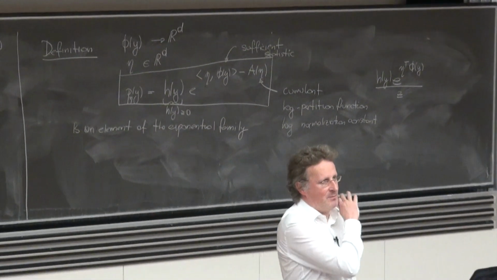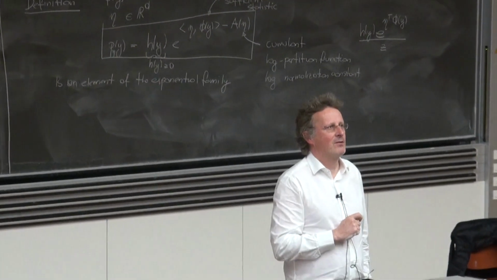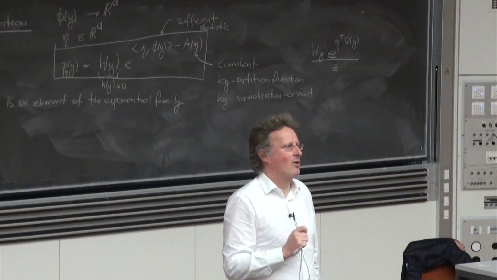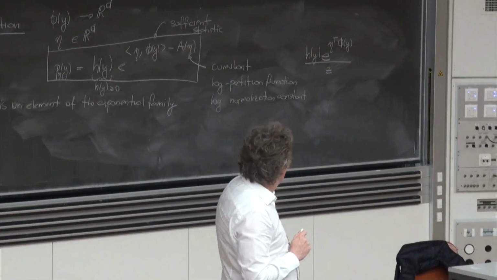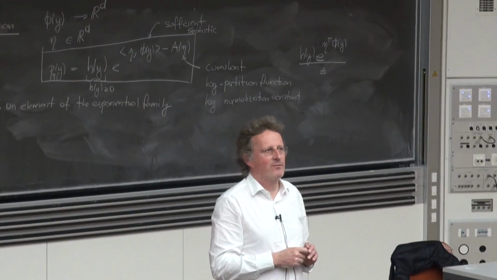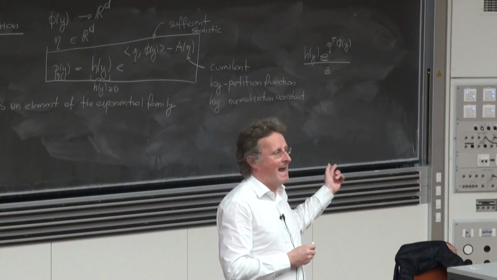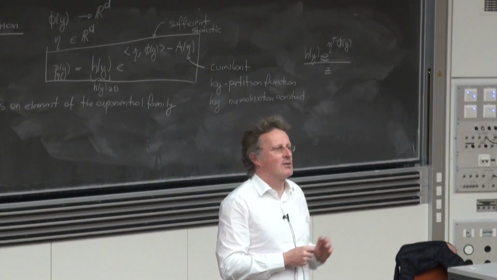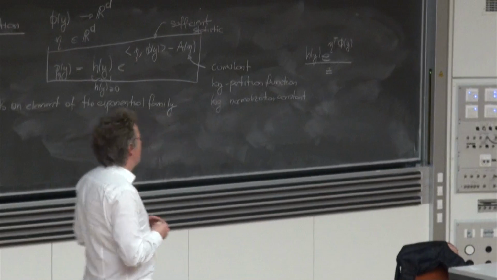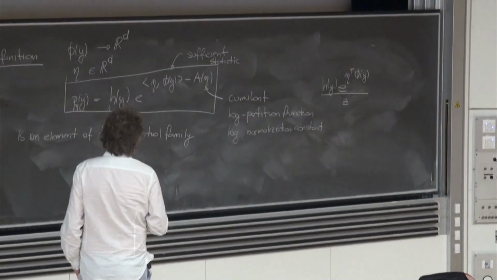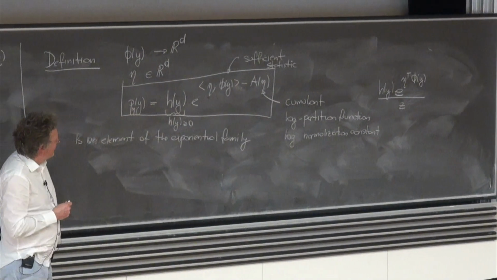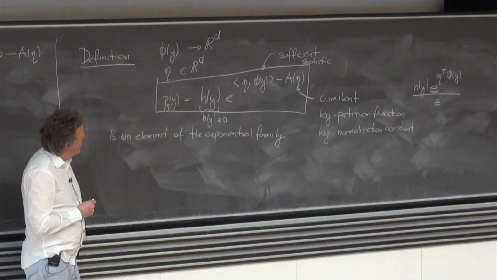They have distributions of this form that play a very important role. They're typically called Gibbs measures, and so they call this z, for whatever reason, the partition function. Just the name. And since this a is just the log of that, it's called the log partition function. Again, the name itself doesn't really play a major role here.